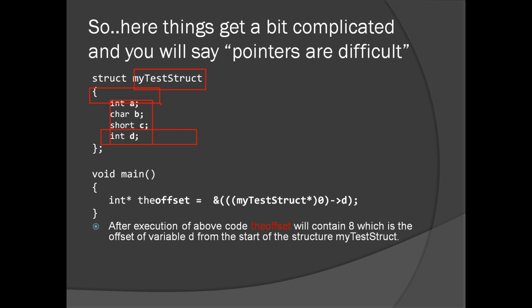So I need a number. So this is how you get it. So after the execution of this particular line, you will get the offset in this particular variable, offset of d.